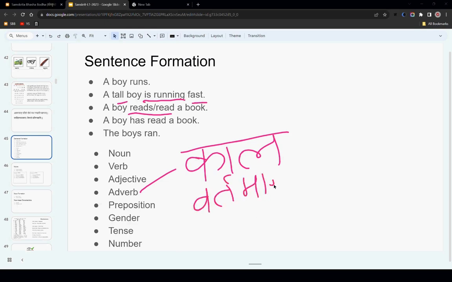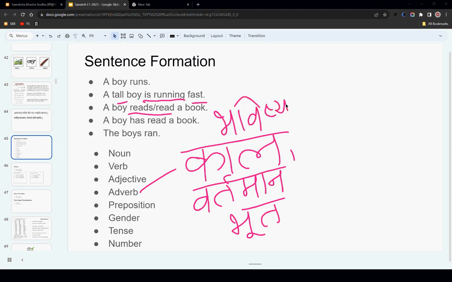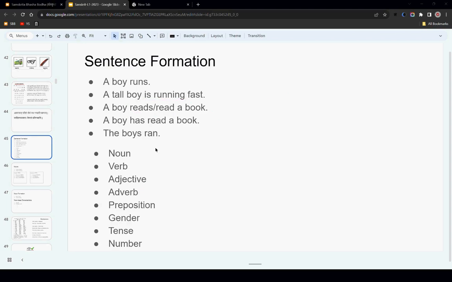Vartamana means present tense, Vartamana Kala, and Bhuta Kala, past tense, and Bhavishyat Kala, future tense, which we'll study with examples in Sanskrit sentences later. The boy ran, this is past tense. So different words come together and they form a sentence.